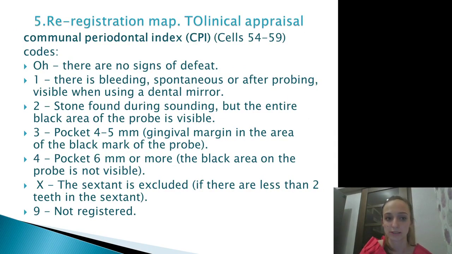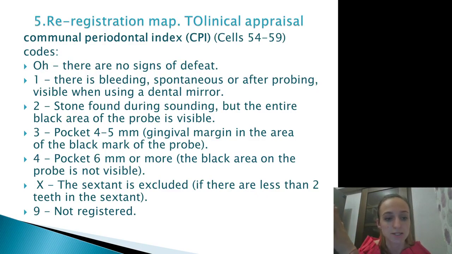Communal periodontal index, it is points and codes. So first, there is bleeding, spontaneous or after probing, visible when using a dental mirror. Second, it is calculus found during probing, but the entire black area of the probe is visible.